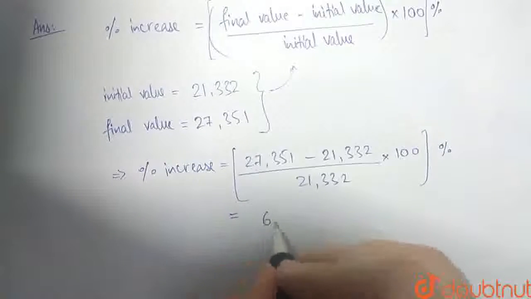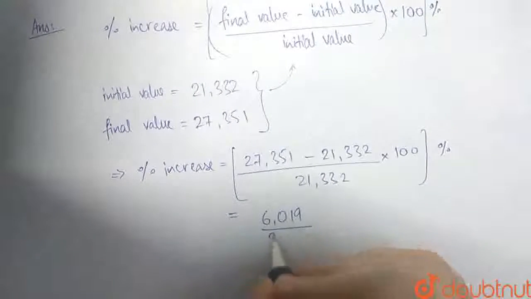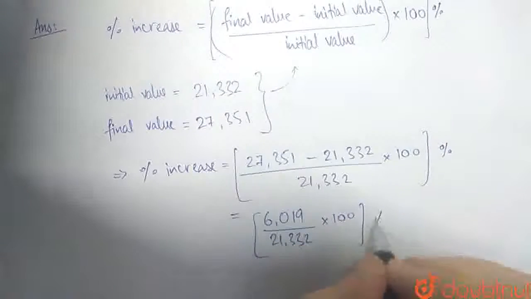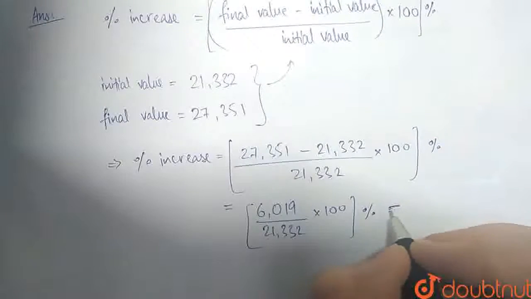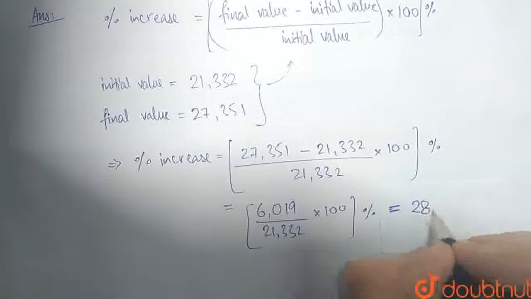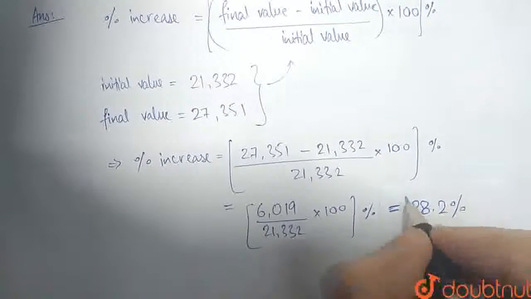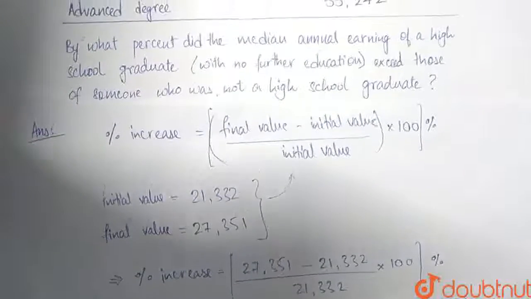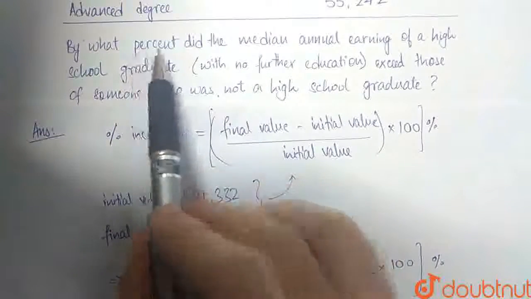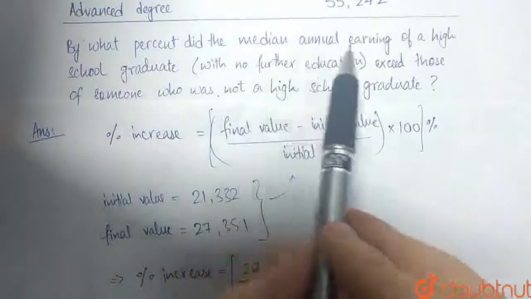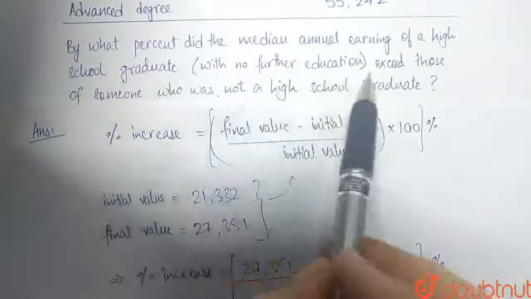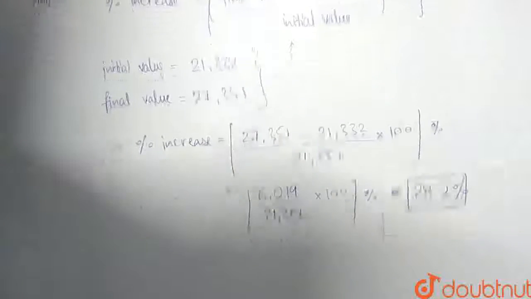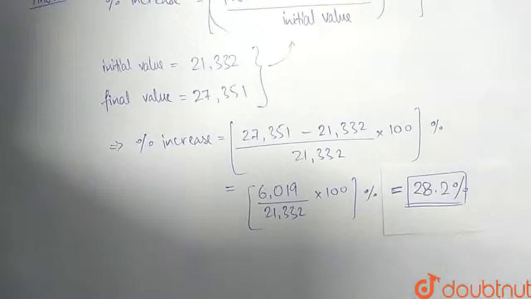So this is 6,019 divided by 21,332 times 100%, which is equal to 28.2%, right? So the required percentage that they asked for, by what percent did the median annual earning of a high school graduate exceed those of someone who was not a high school graduate, is 28.2%.